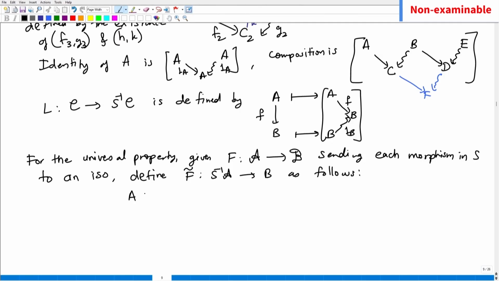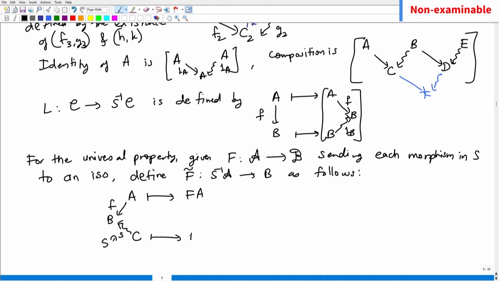You send A to FA, and you don't change anything because you had to land in B. Then you have this particular sink F, and then you have something over here, let's say little s, which is in S.